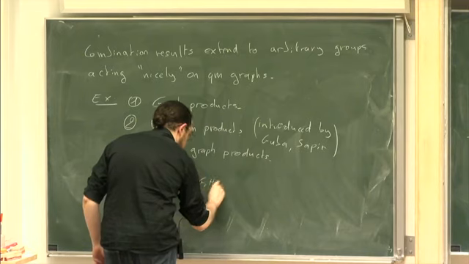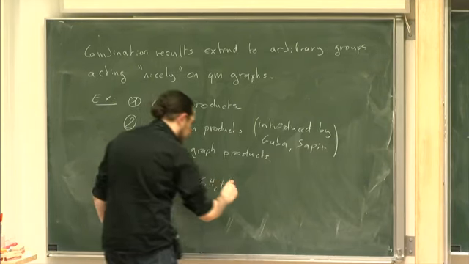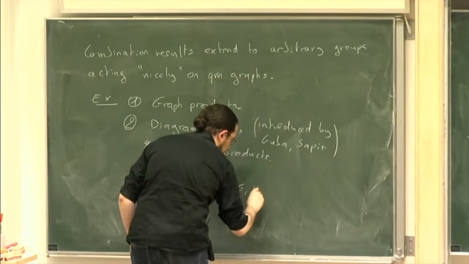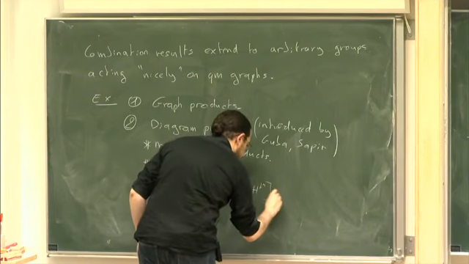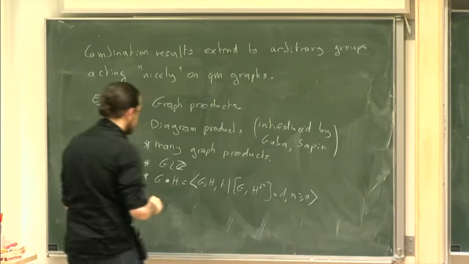You take G, H and some new generator t, and the relations are: G commutes with H conjugated by t to the n, for every n non-negative.